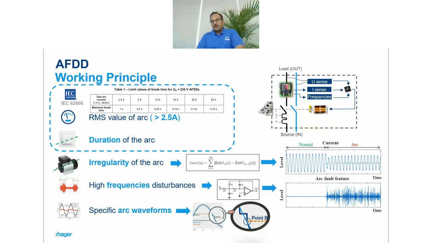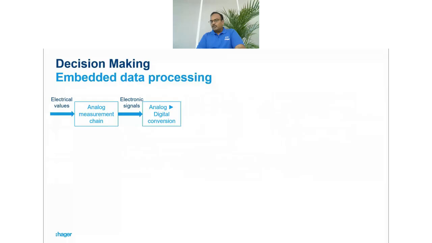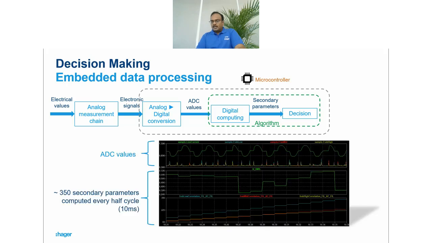Embedded data processing, what I said, in a block diagram. See, electrical values, analog measurement chain happens, electronic signals converted into digital values, then some internal digital computing, secondary parameters, microcontroller. So you see, whatever I said is all summarized there to give you an idea. It's not just one MCB curve.